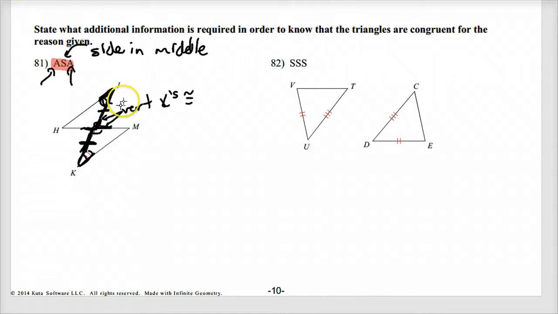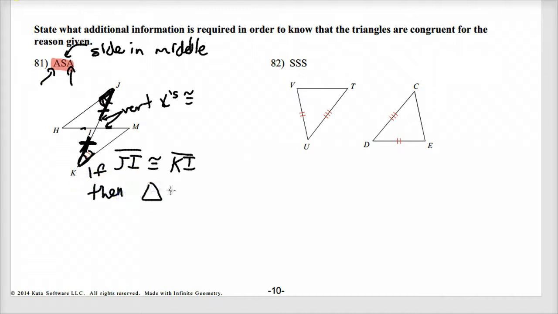So I need that side. Now I've gone and just covered it up. I can't even see what's still there. So what's the letter there? It's an I. So I need JI congruent to KI. If I had that, I don't, but if I had that, then the triangles are congruent.